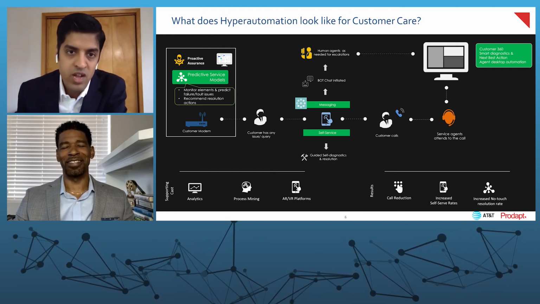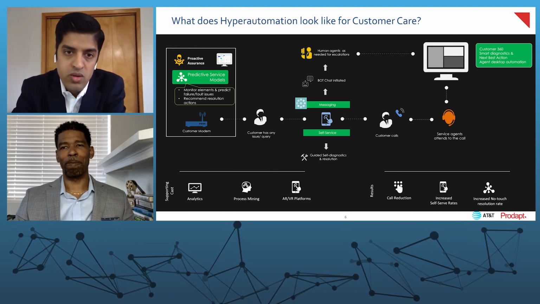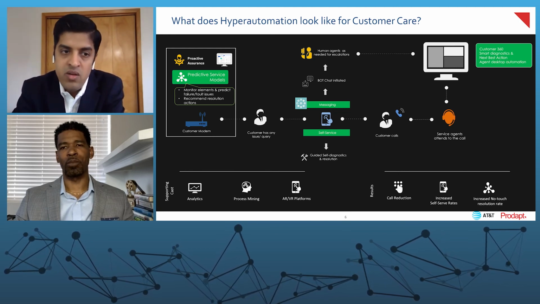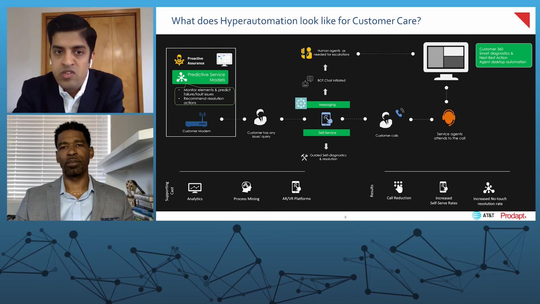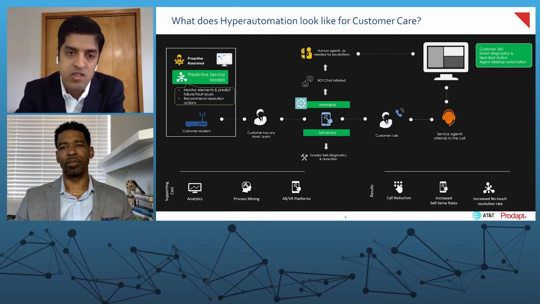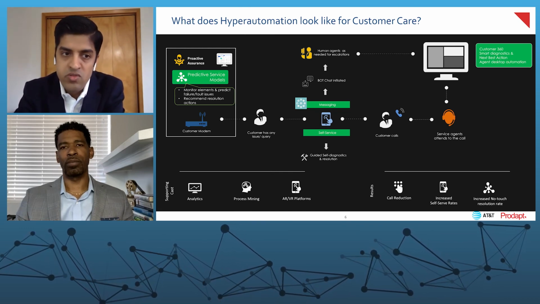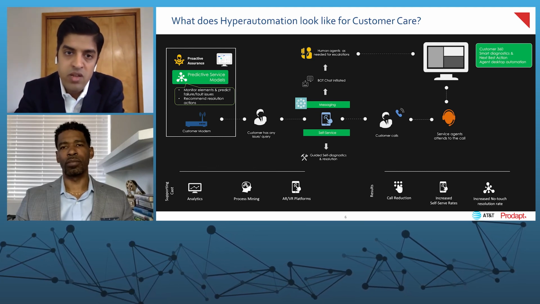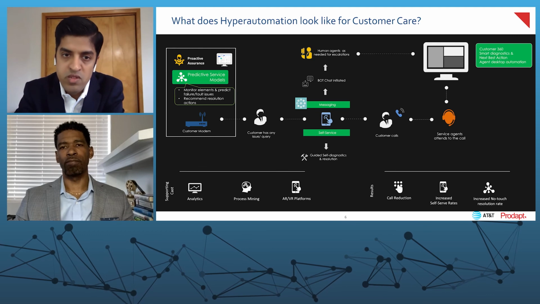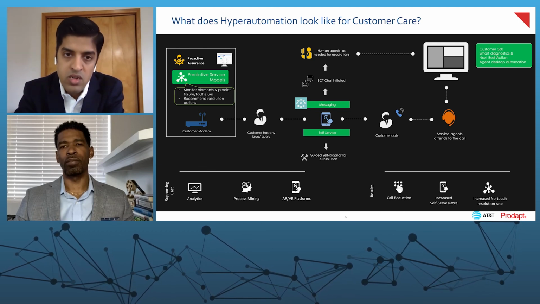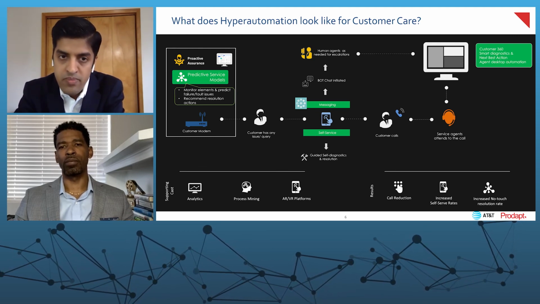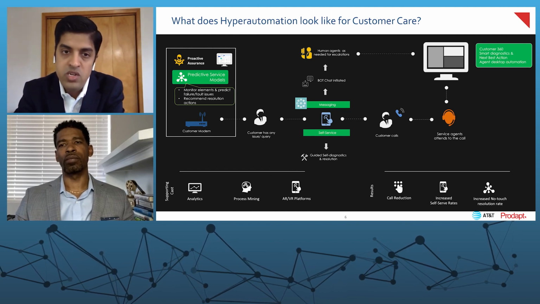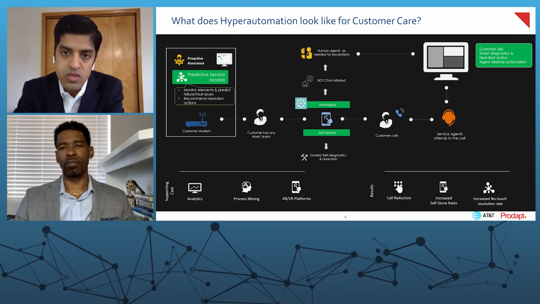So one of the key uses of hyperautomation is to leverage underlying technologies such as RPA to support this ability of self-service via whatever channel you choose. A lot of times our underlying platforms are legacy or mainframes, which may not support integration with some of these more modern digital channels. And that's potentially an area where hyperautomation can be hugely beneficial.